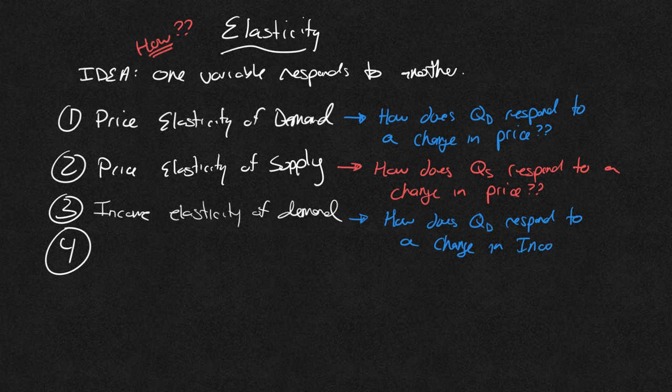Notice the difference here. Instead of looking at a change in price, which we see with the price elasticity of demand, the income elasticity of demand is, how is that quantity demanded responding to a change in income? So how is income going to affect that quantity demanded?